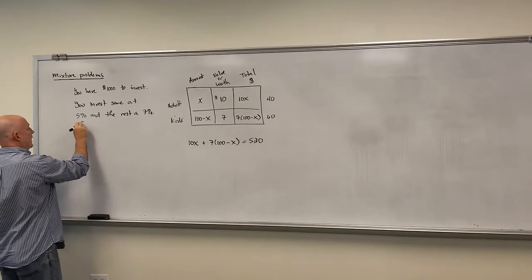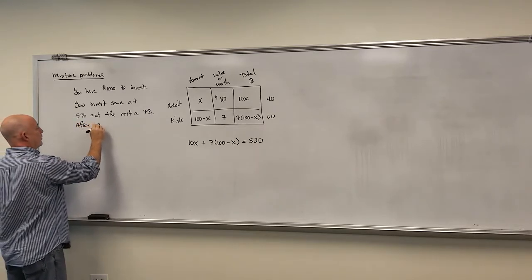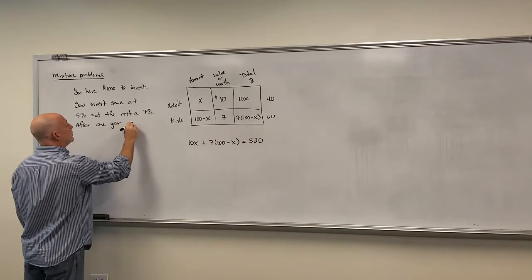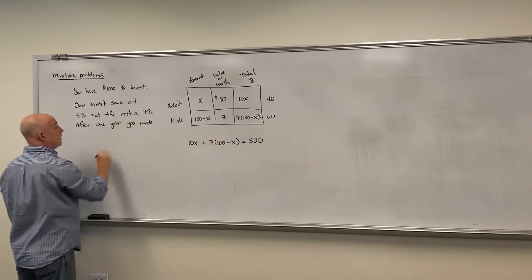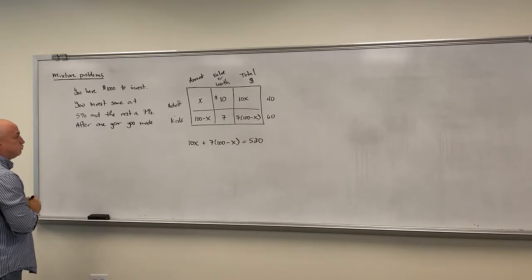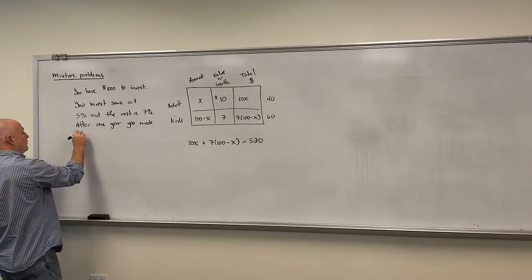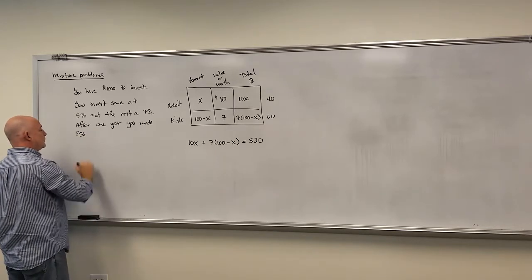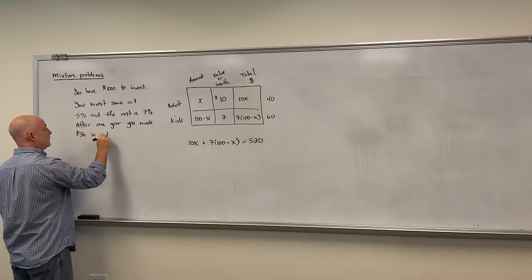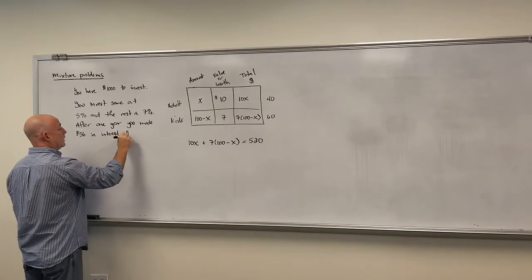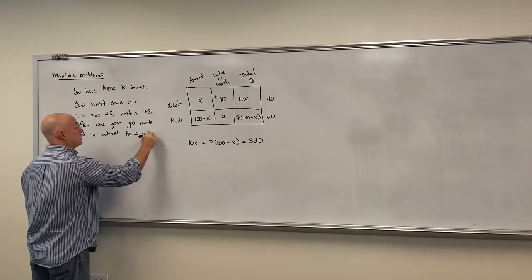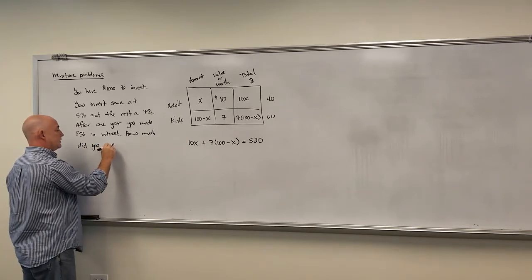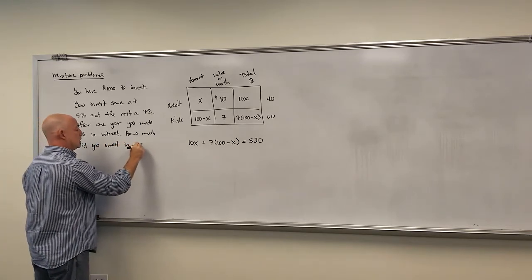Let's see, we know after 1 year, you made $56 in interest. How much did you invest in each account?